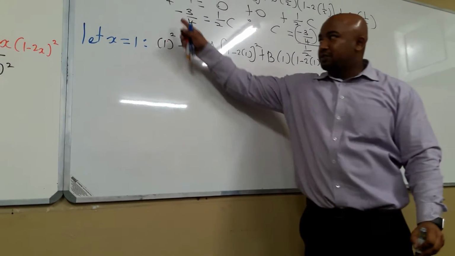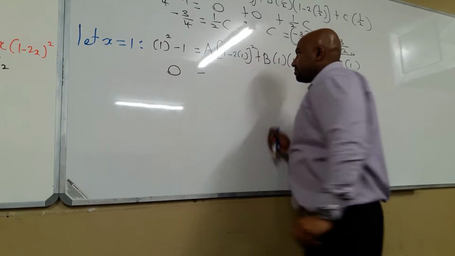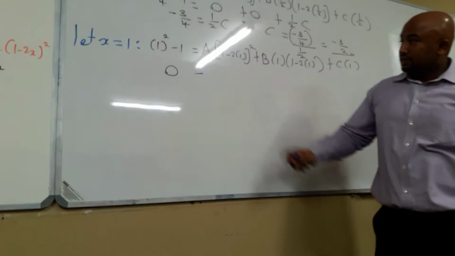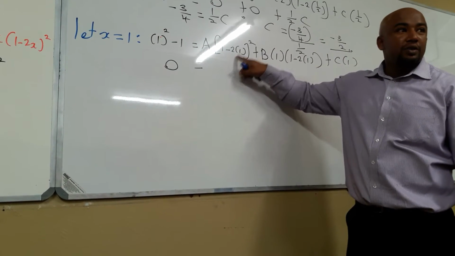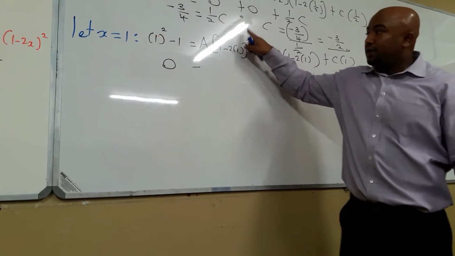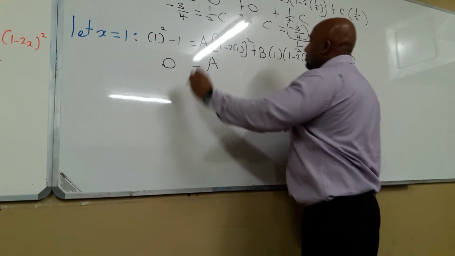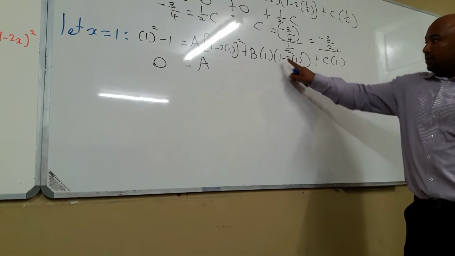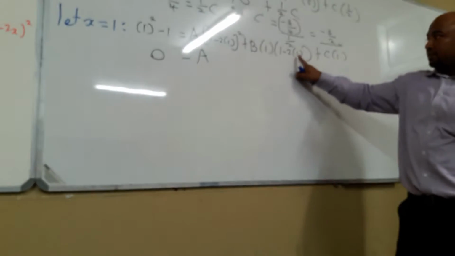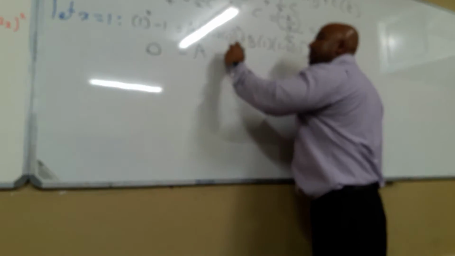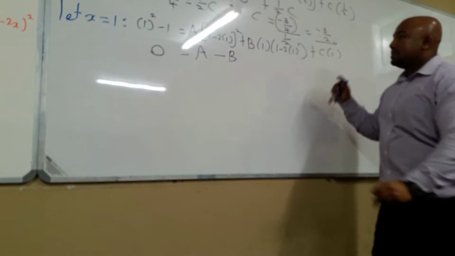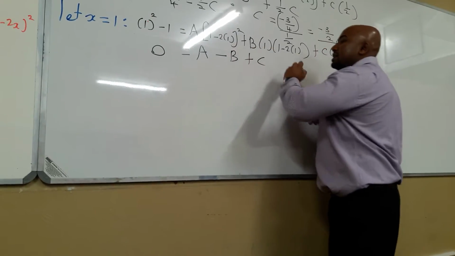Alright, so here 1 squared is 1, 1 minus 1 is 0 there. So here, for a, be careful now. You got 1 minus 2, which is minus 1, squared is 1. 1 times a here will be a. Here, 1 minus 2 is minus 1. Minus 1 times 1 will be minus 1b. And this is just plus c.